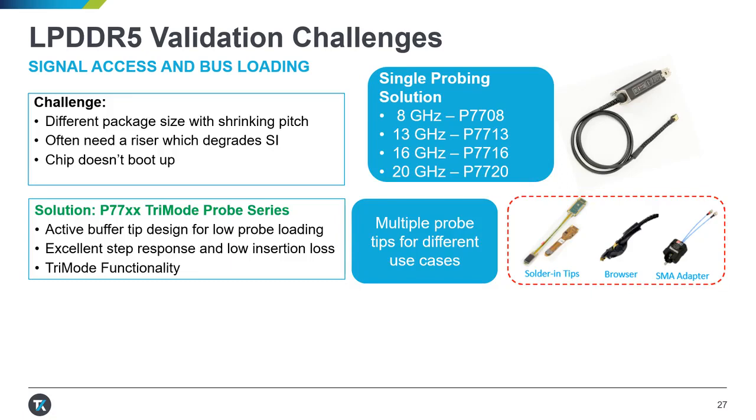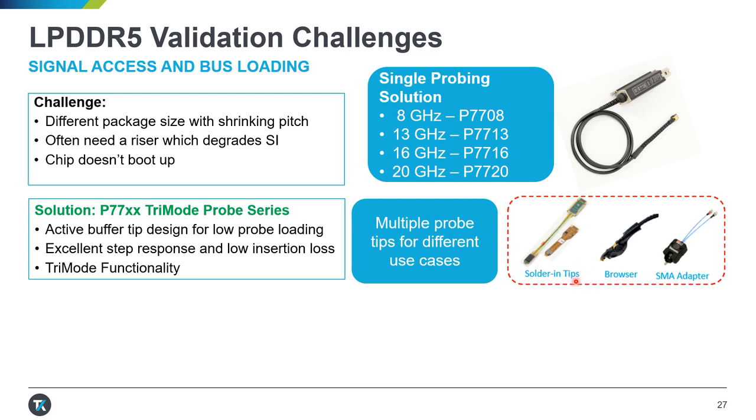Tektronix recommends using P77 tri-mode probes. This probe supports multiple different probe tips for different use cases. And all these probe tips have an active buffer tip design, and it offers industry's lowest probe loading.